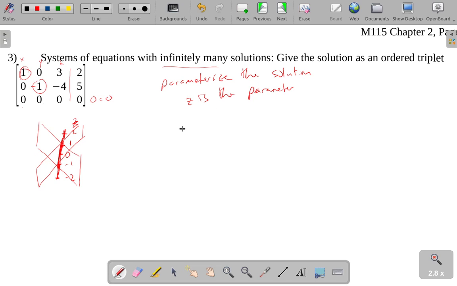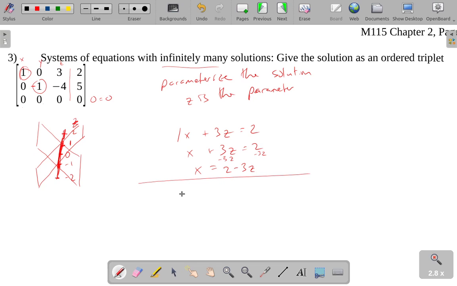This first equation says 1x plus 3z equals 2. There's a 0y in there as well, but whatever. We have x plus 3z equals 2. If I rewrite this so that it says x equals, well, let's subtract 3z from both sides, 2 minus 3z, then you can see if I give you a value of z, you can find the value of x based on this first equation.